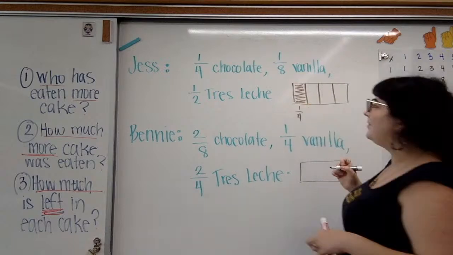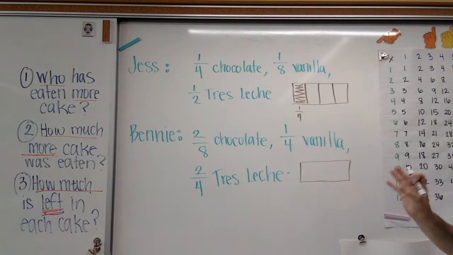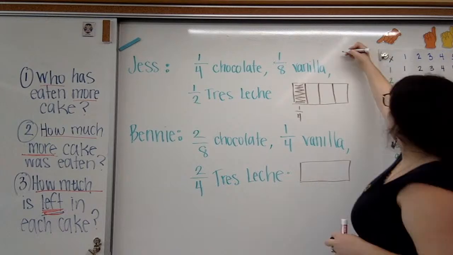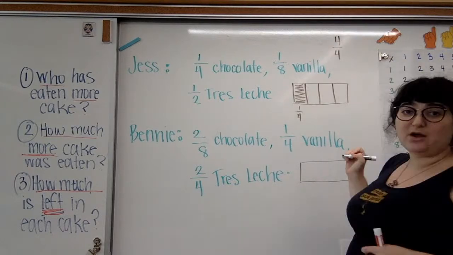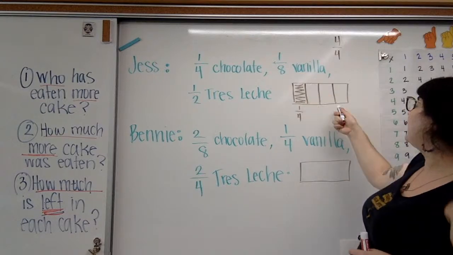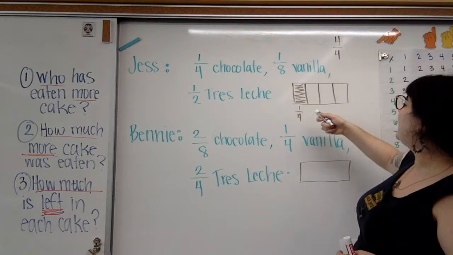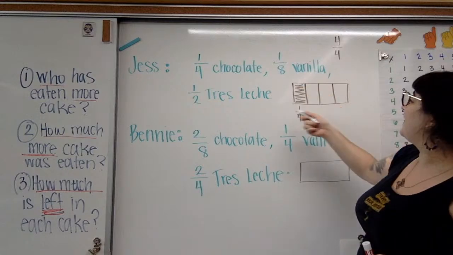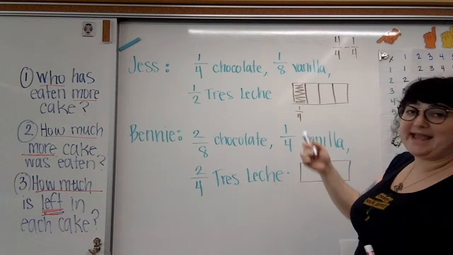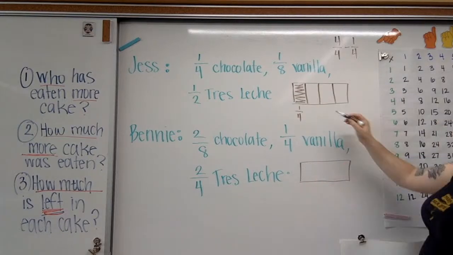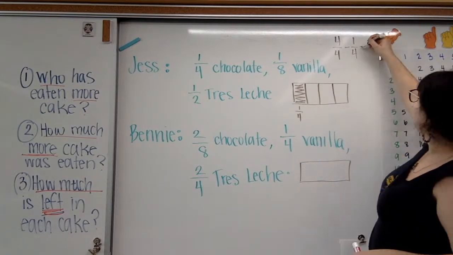So we know how much cake is left over. If I take a whole cake, 4/4, right? One whole cake is 4/4, and I take away that piece that Jess ate. That leaves me with how many fourths, right? Nothing's changed.